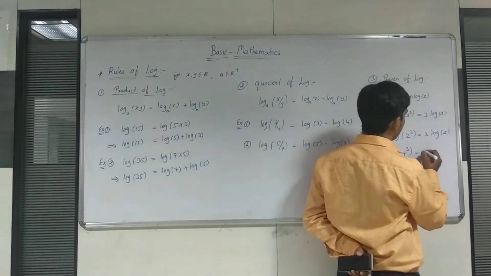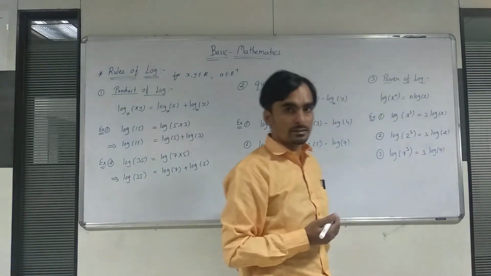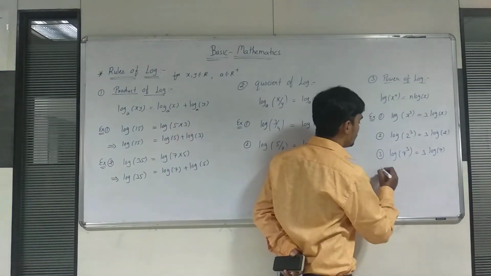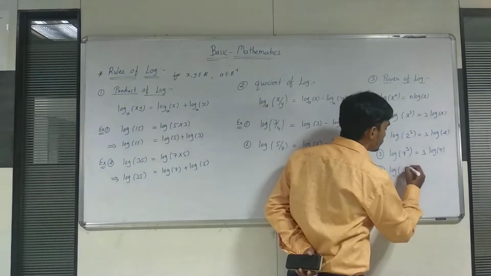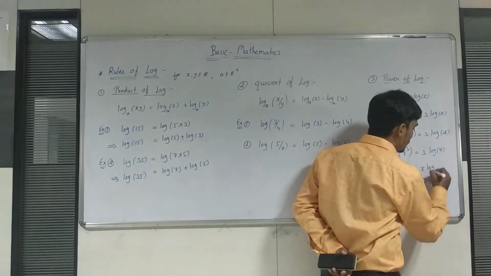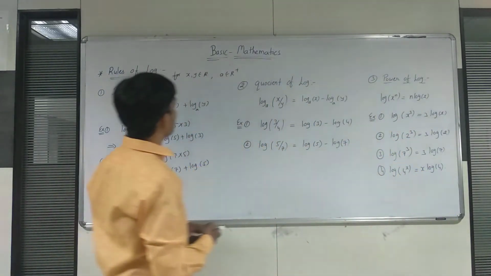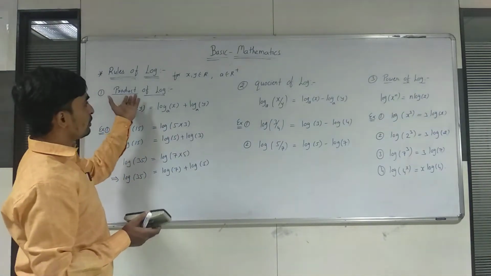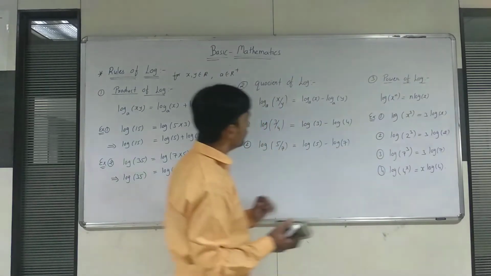So again it is 3 outside, log of 7. Again, log of 4 raised to x, again x outside, log of 4. So these are the basic rules: product of log, quotient of log, and power of log.